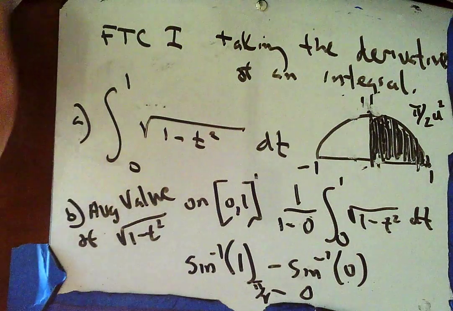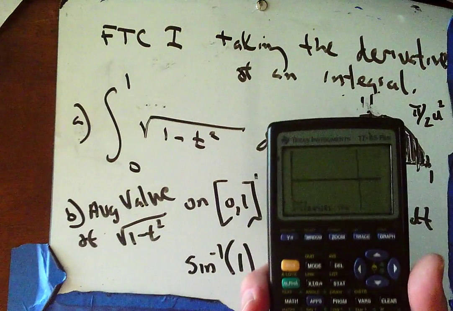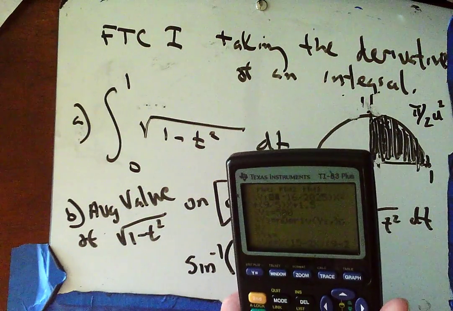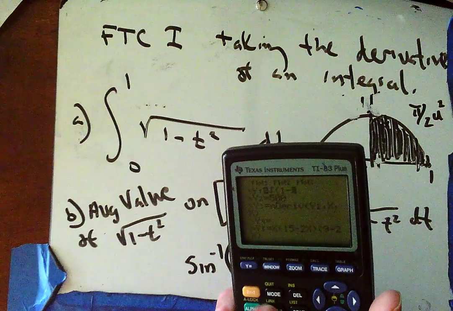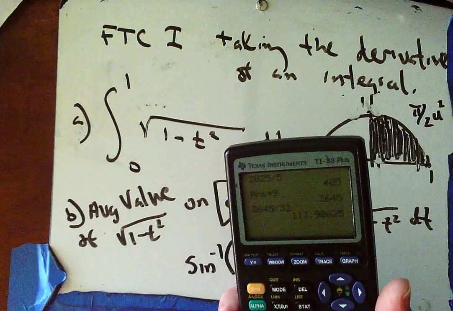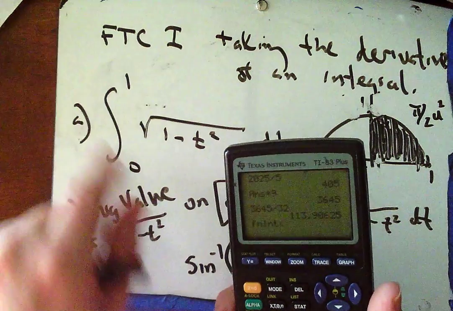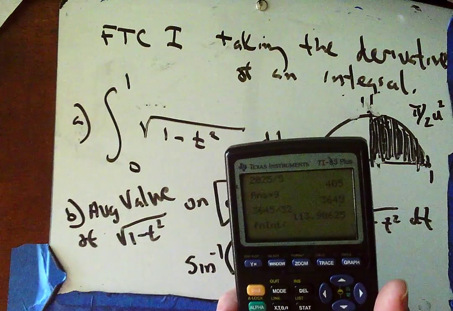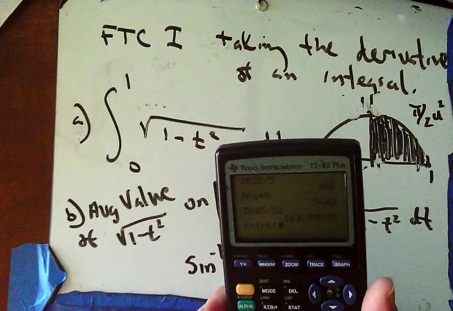I have an idea. Let's try the magic calculator box. So we're going to type in square root of 1 minus x squared. And I'm going to go back to the main screen. What I think might be helpful for me is to go back and evaluate the integral from the very beginning and see what happens there.